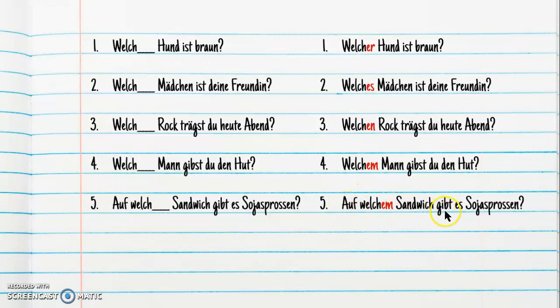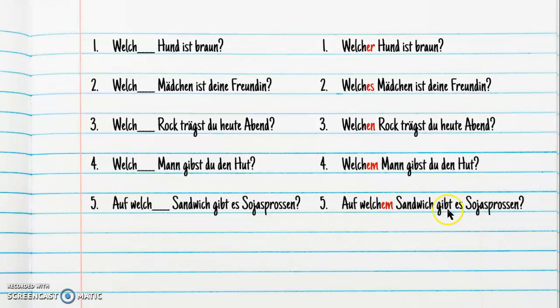And number five, starting off with the verb gibt. Now this one is a little strange because the verb phrase gibt es or es gibt doesn't mean it gives. It literally does, but not for what we're using it. So in this case it means there is or there are.